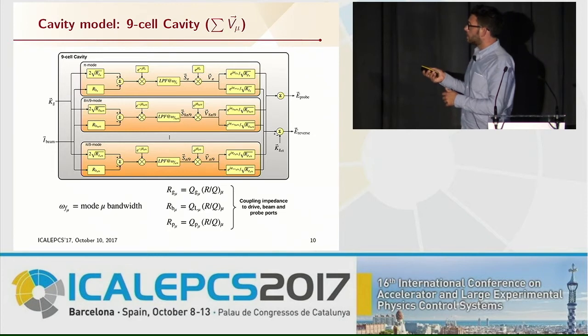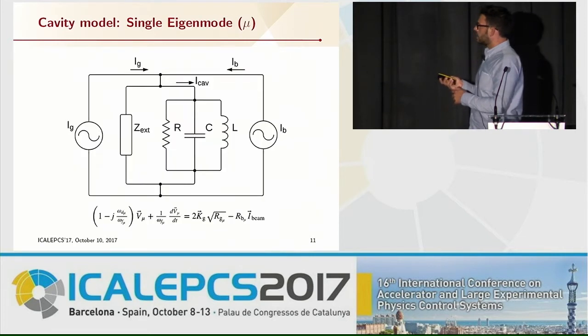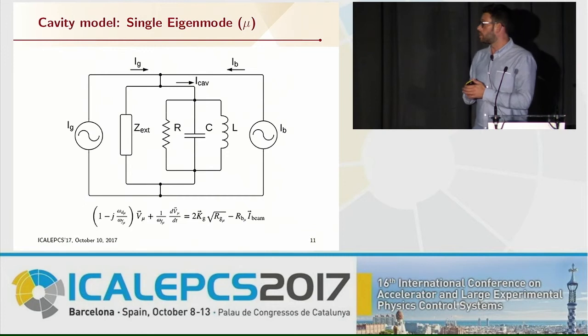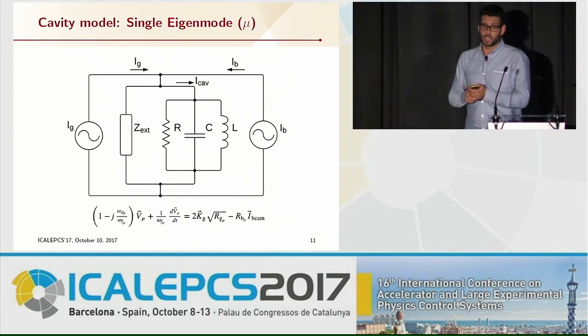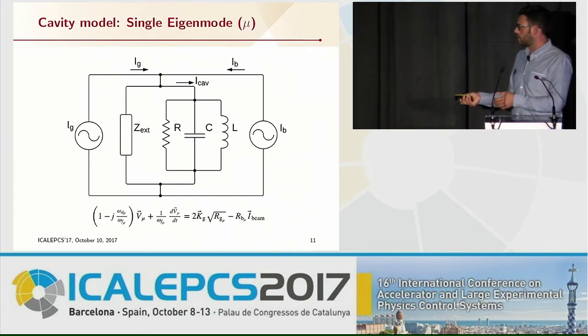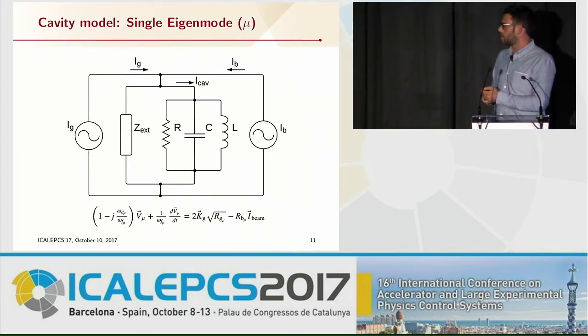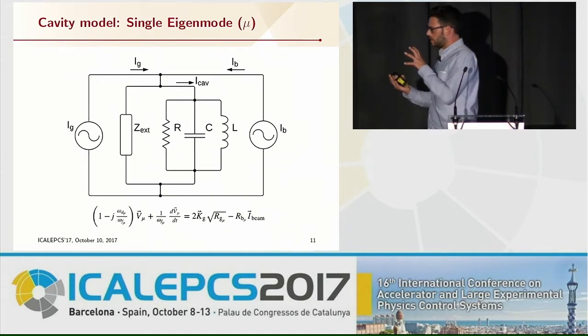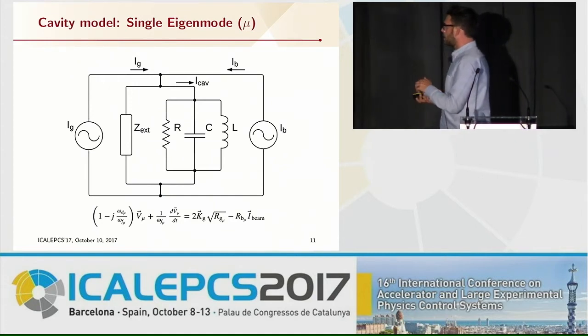And then you have these little boxes here that are labeled low pass filter at the resonance frequency of the mode, and that's the implementation of the response of each single eigenmode, which responds to the classic representation by an RLC parallel circuit. And here I show the first order differential equation governing the energy stored in this eigenmode at baseband.